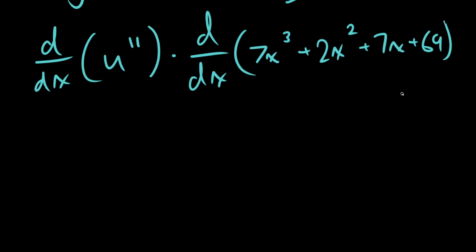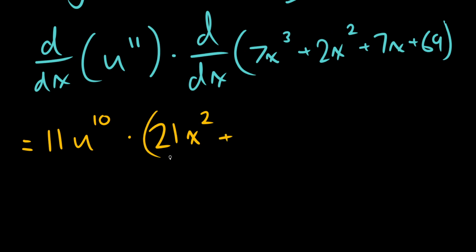So we can do both of these pretty simply with the power rule. Here we would get d dx of u to the 11 would be 11 u to the 10th and multiplied by 3 times 7, 21 x squared plus 2 times 2, 4x plus 7, and 69 goes to 0.